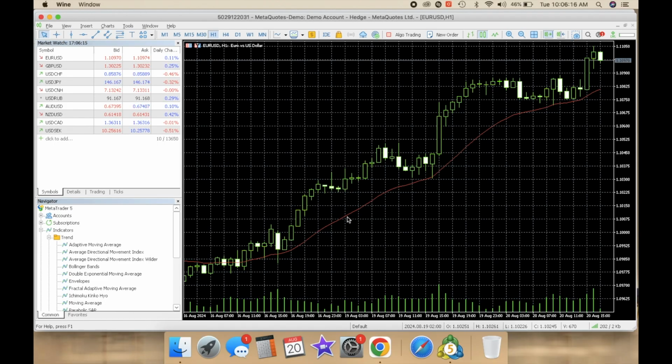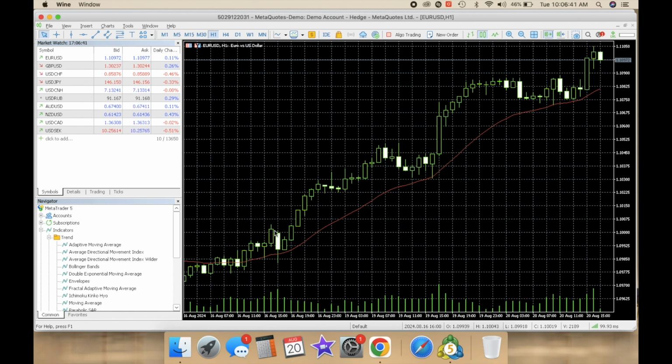I'm gonna continue using the red line, which is the 20 EMA, and as you can see, the price is currently above that. So you'll want to be looking to place long trades. During the times when the price is above that line, there will be times where it retracts and goes down to touch that line. That is where you will want to place your trades.